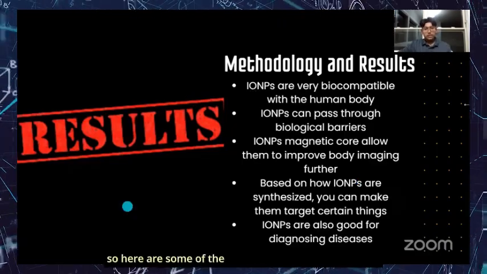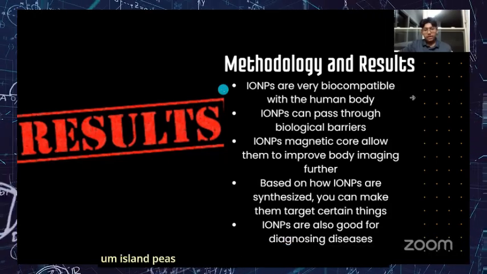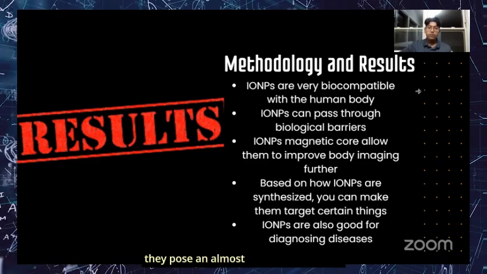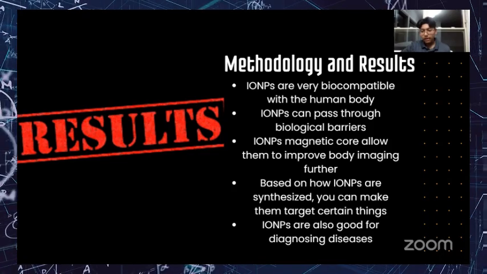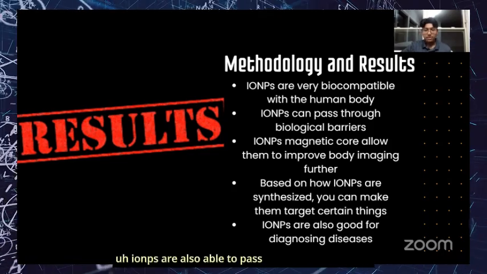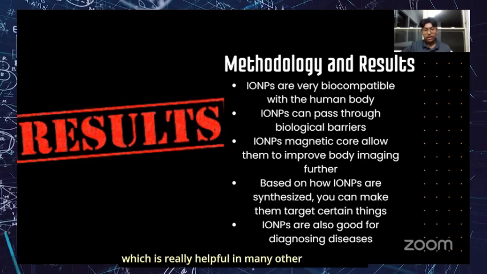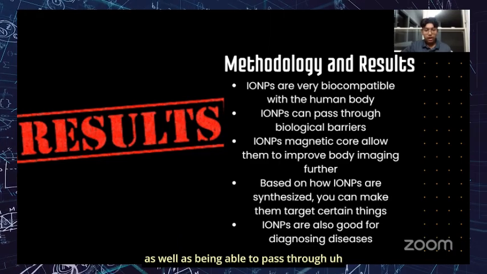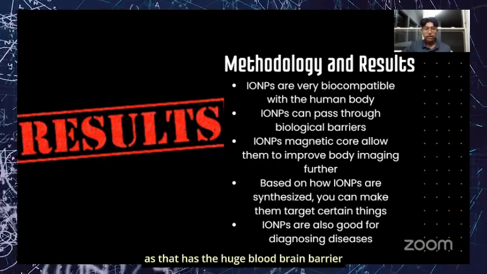So here are some of the methodology and results that I had. IONPs are very compatible with the human body. They pose an almost 0% risk to the body. IONPs are also able to pass biological barriers, which is really helpful in many applications, as well as passing into the brain, which has the huge blood-brain barrier.